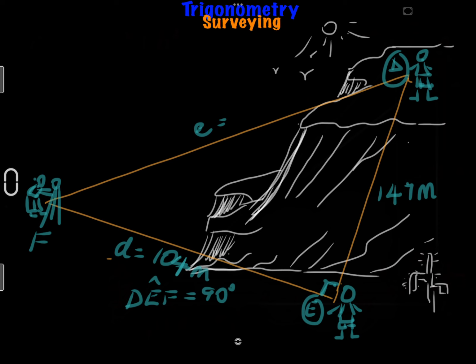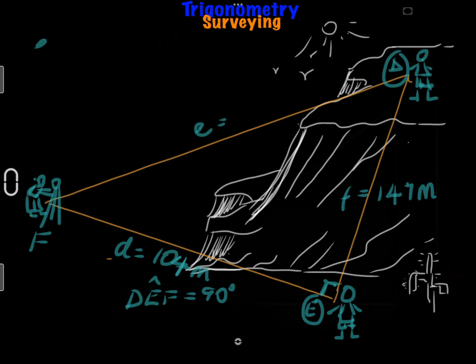Opposite angle F, we have side f. So essentially we now use the Pythagoras theorem to find the side e.